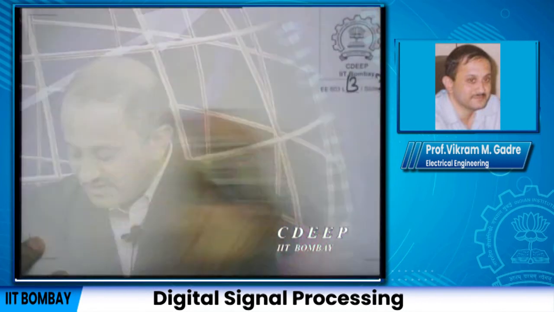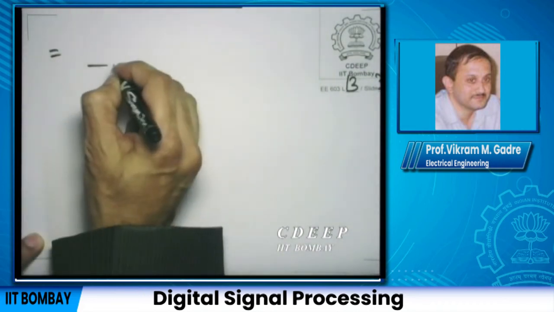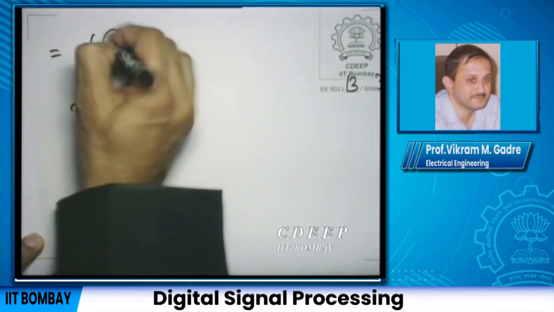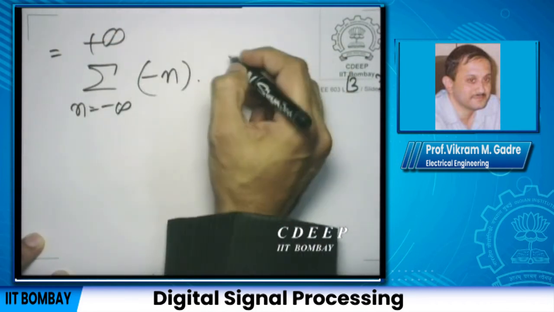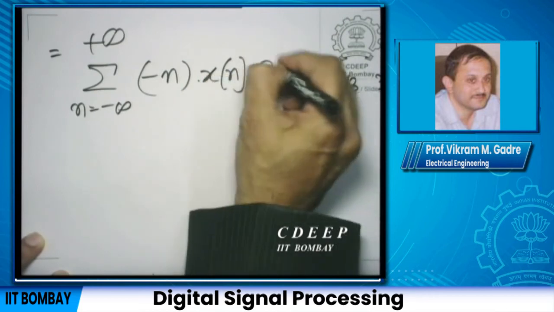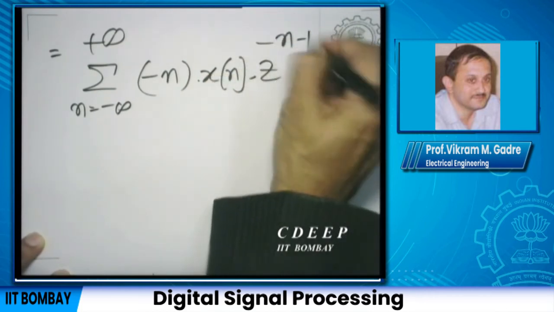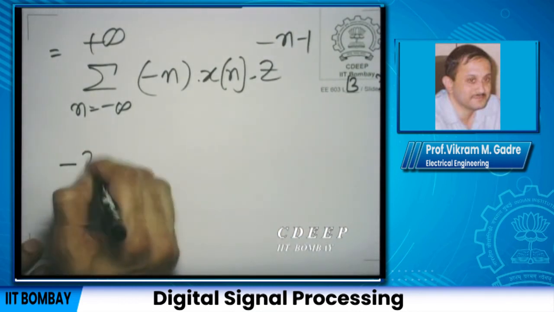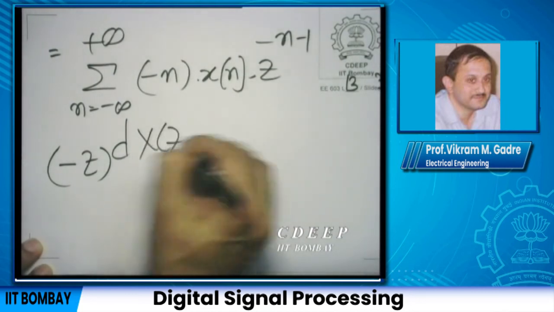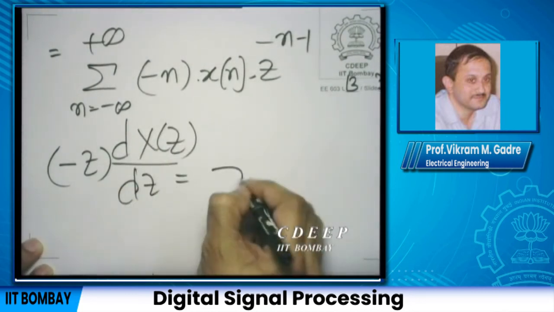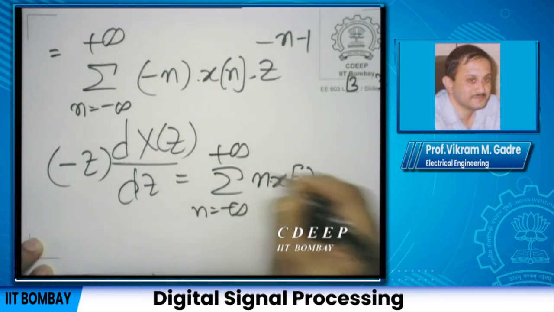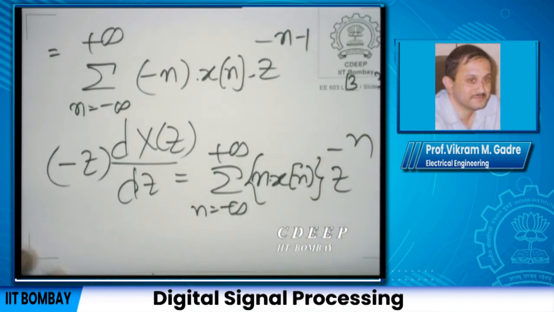So, anyway, we can then take the derivative term by term. It becomes summation n going from minus to plus infinity of minus n times x[n], remember, x[n] is a constant with respect to z, times z raised to the power minus n minus 1. Therefore, if you take minus z times dX(z)/dz, that is summation n going from minus to plus infinity n x[n] times z raised to the power minus n.